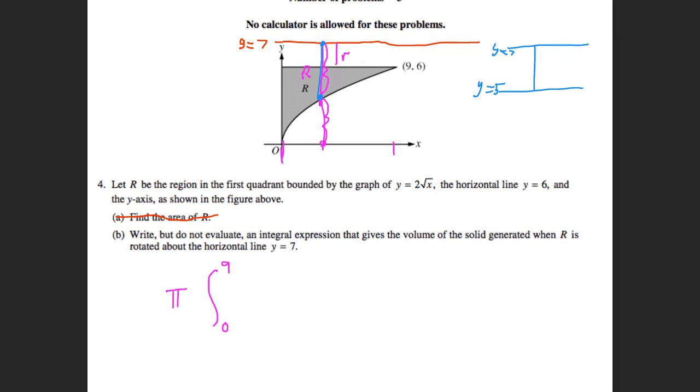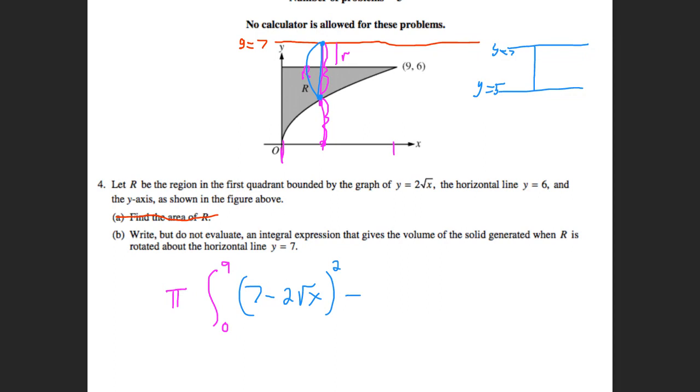Did you take the bottom minus the top, or the top minus the bottom? Top minus bottom. So if I wanted to find the distance from here to here, isn't it 7 minus 2 square root of x? That's my big radius. Square it.